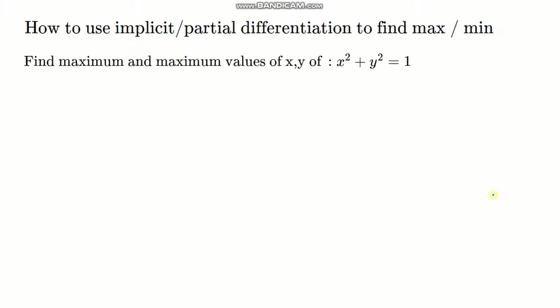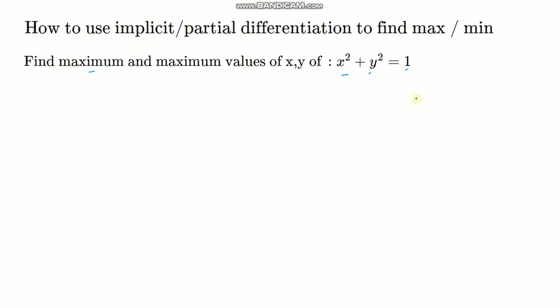So let's say we have to evaluate the maximum and minimum of a unit circle, x squared plus y squared equals 1. I think x squared plus y squared equals 1 is the most basic multivariable equation in calculus.